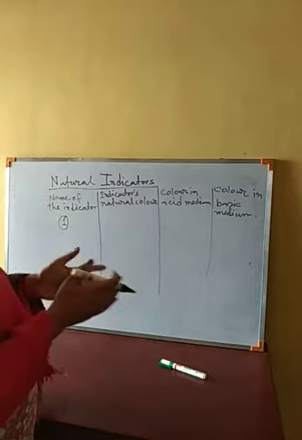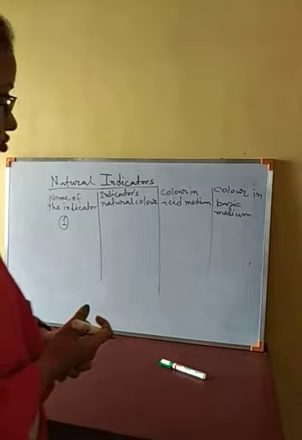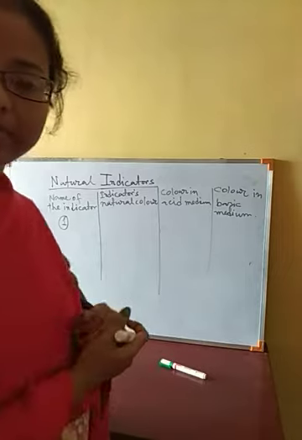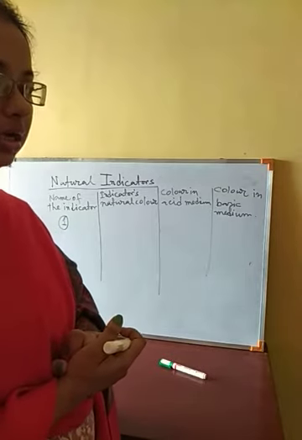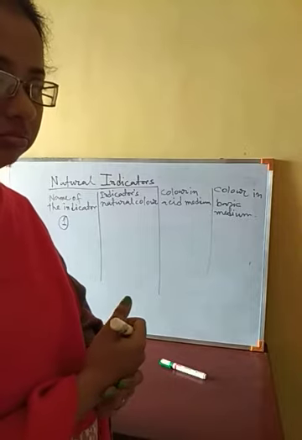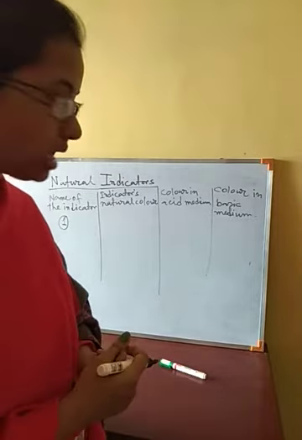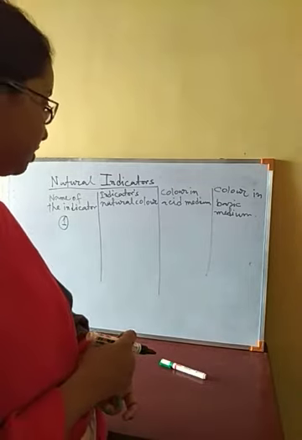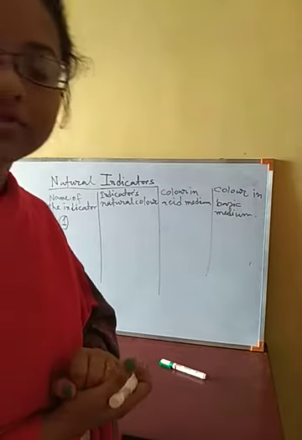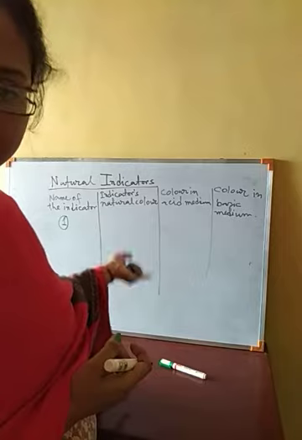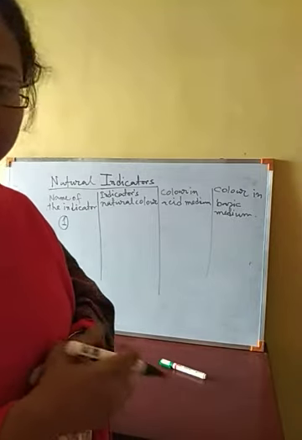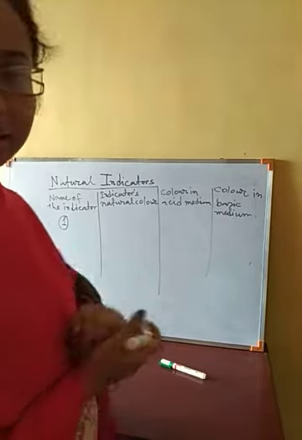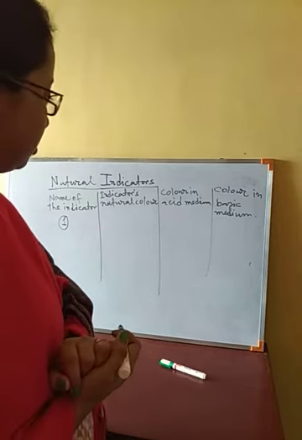Now in a container you take acid solution, and in a container you take basic solution. Better the containers should be made of glass, just a glass tumbler or a glass bowl. There you do this experiment. You add 2-3 drops of indicator in both the acid medium and the basic medium, and you shake it a bit, and whatever colors you get, you note and write here. Okay, so in this manner you have to do this.